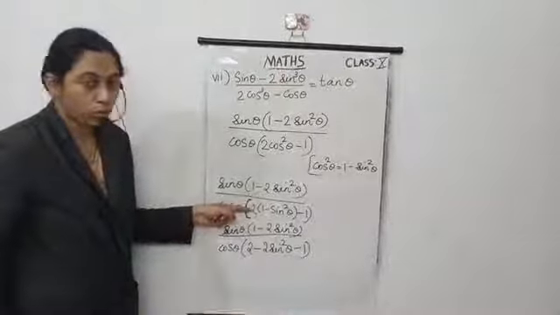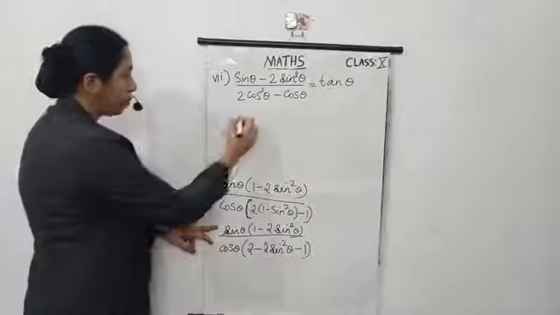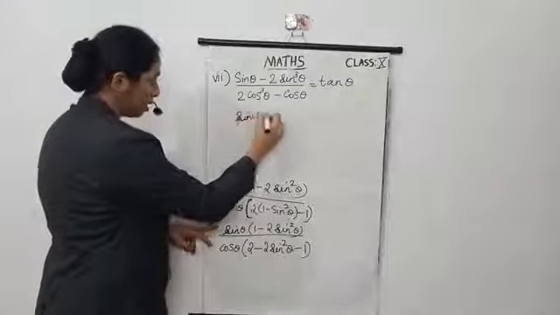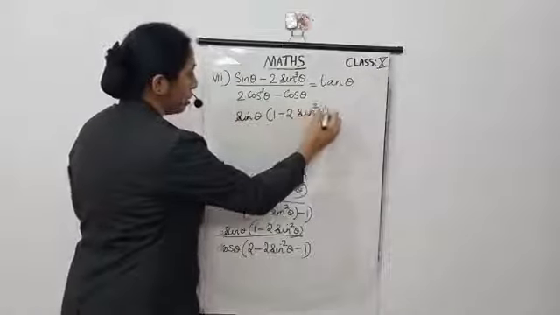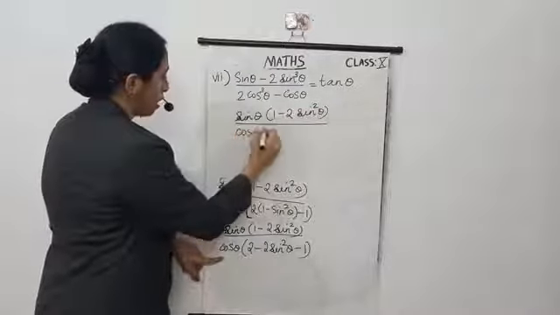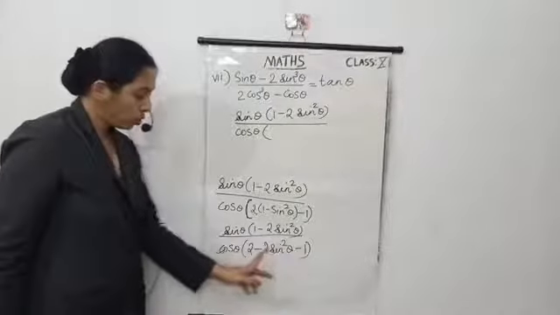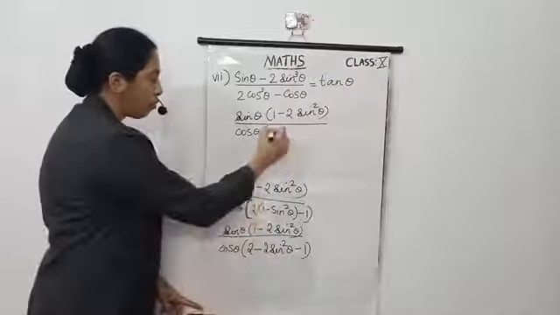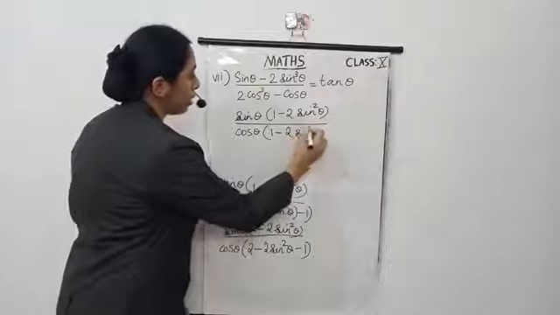Multiply this 2 with the inside terms. Now write the same numerator, sin theta into (1 minus 2 sin square theta), divided by cos theta into (2 minus 1, which is 1, then minus 2 sin square theta).